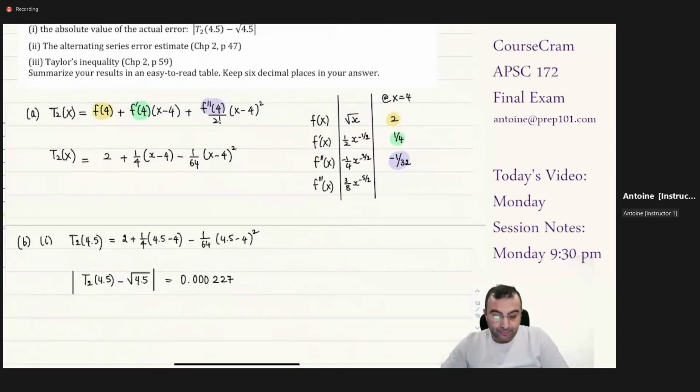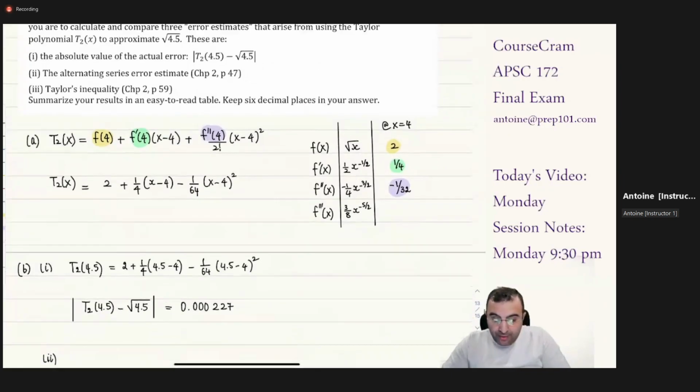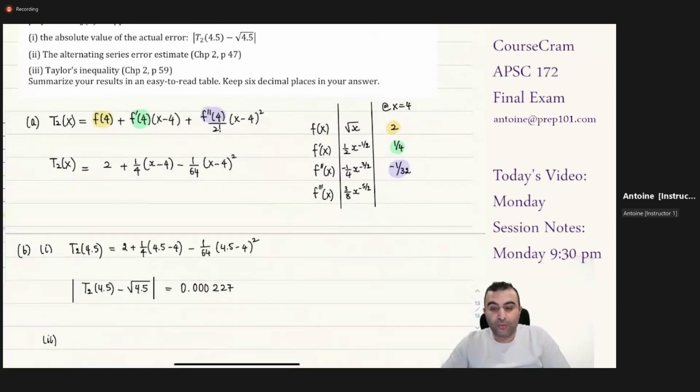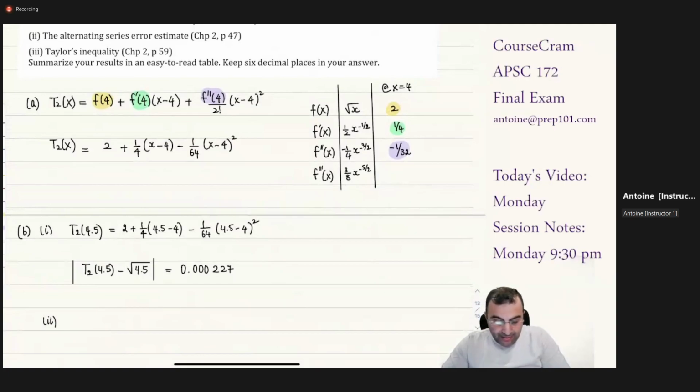Great. Number 2. Use the alternating series estimate error. So what did we say is the alternating series estimation error? If you stop at n equals 2, the error is less than or equal to B3, the term for n equal to 3 in absolute value.